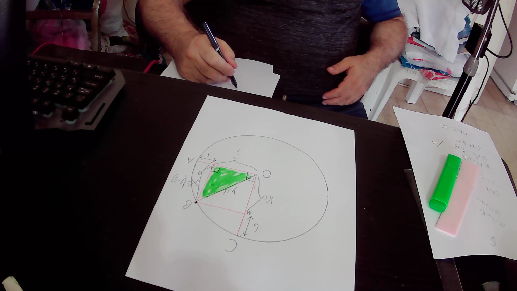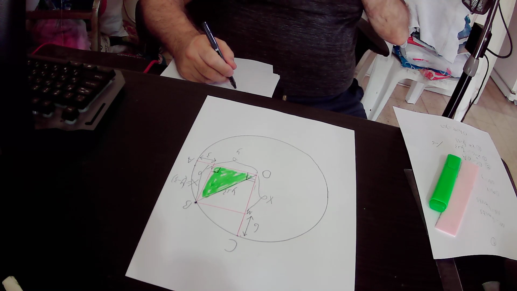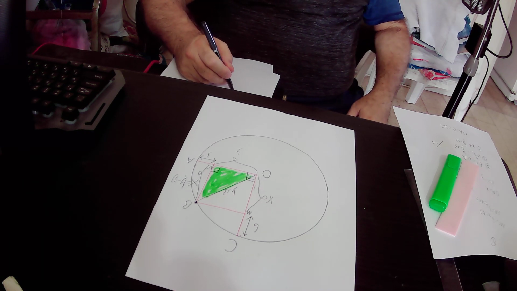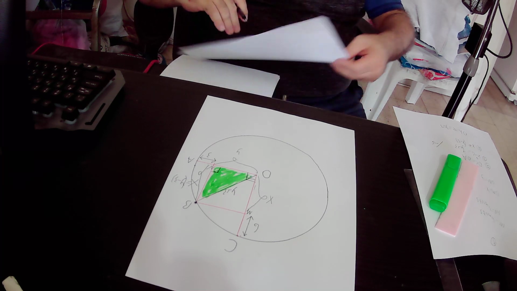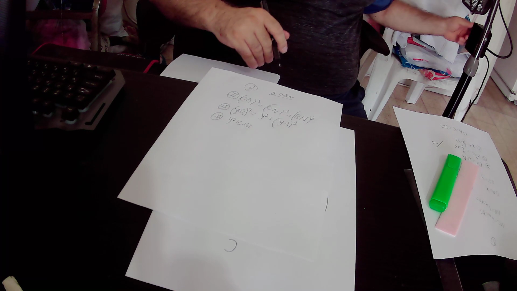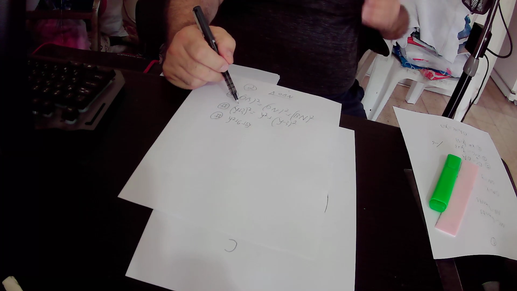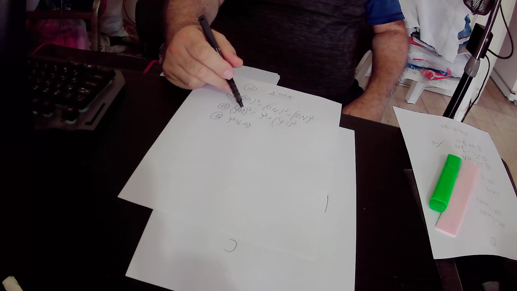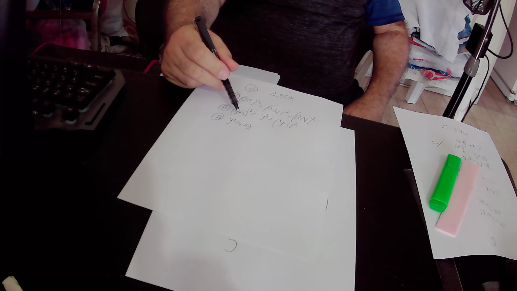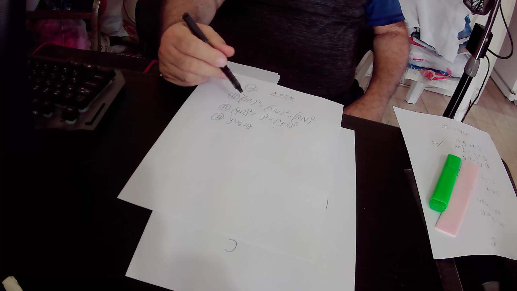So y plus 3 square equals y square plus 6 plus 6y, according to the formula that a plus b square equals a square plus b square plus 2 times ab.